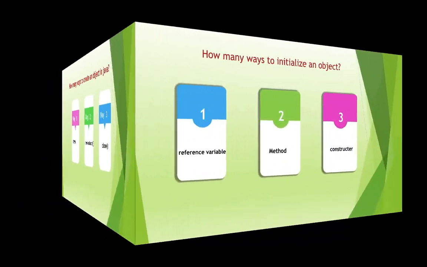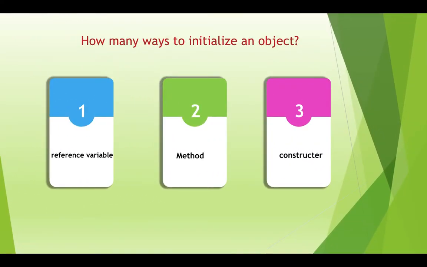Next, how many ways to initialize an object? We have three ways. First one is a reference variable, second one is a method, third one is a constructor.